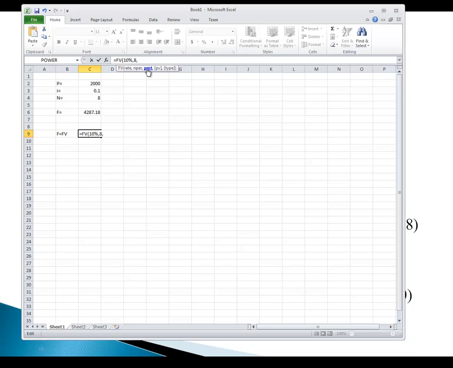For the payments, we are not talking about yearly payments here, so we can leave it empty or put a 0, and then the present value, which is 2000.